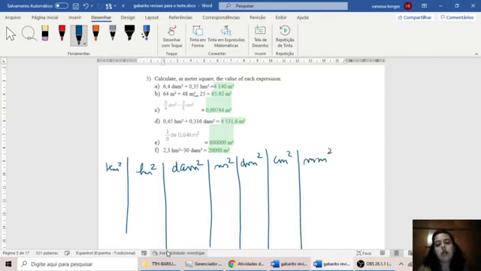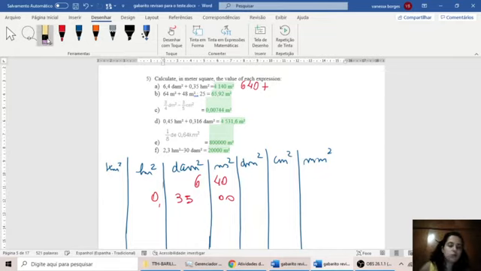Okay, let's change everybody. So first of all, 6.4 decameter square, and I will change to meter square. I made a mistake here, sorry, it's just 1 zero. So it's the same as 640 plus 0.35, 0.35.